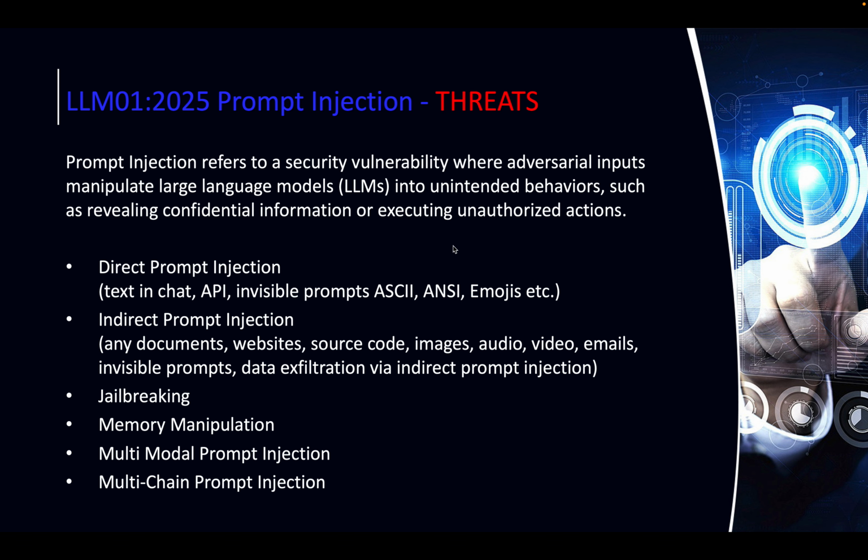Think of tools like GitHub Copilot, think of Cursor, think of these different coding assistants or coding AI bots. If there's a prompt injection in the source code on a GitHub repo, for example, then it may be vulnerable to prompt injection, right?